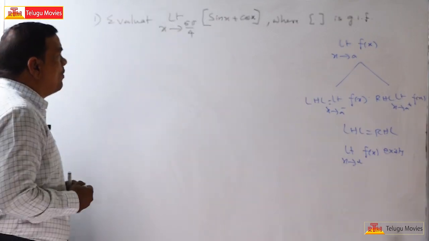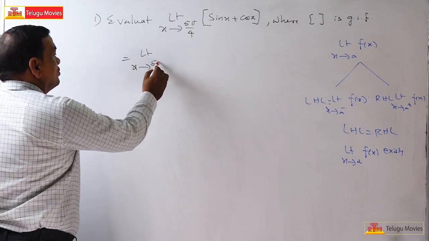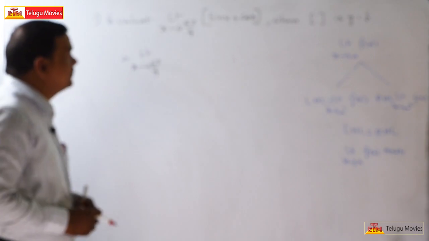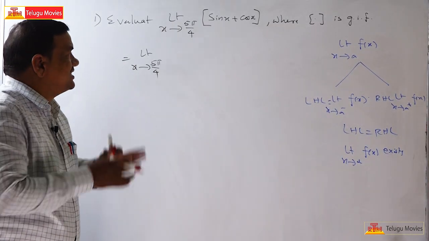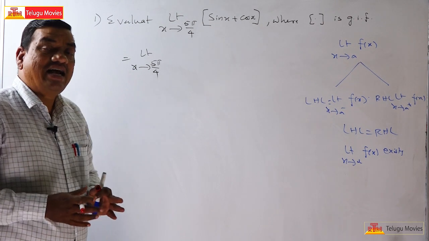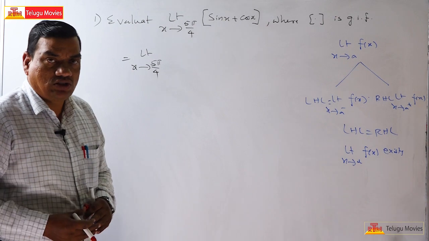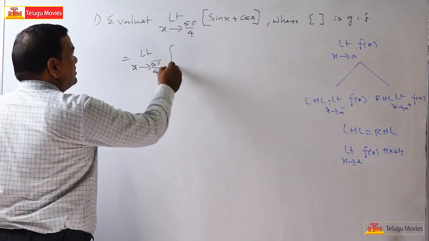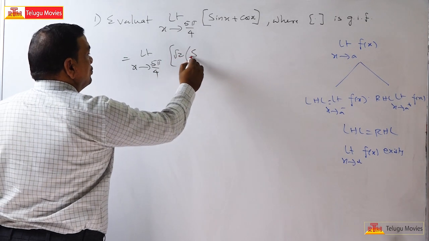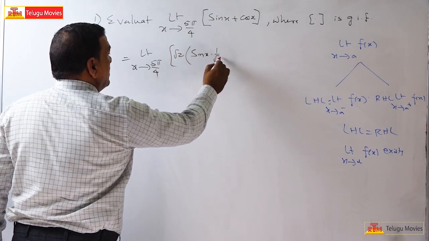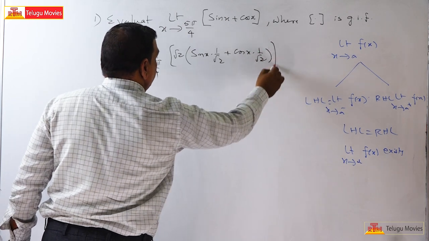Now coming to the problem. As x approaches 5 pi by 4, see the function step of sin x plus cos x. Make this sin x plus cos x a single trigonometric function, either sin or cos. We have done many problems like this. So multiply with root 2: sin x into 1 by root 2, cos x into 1 by root 2.